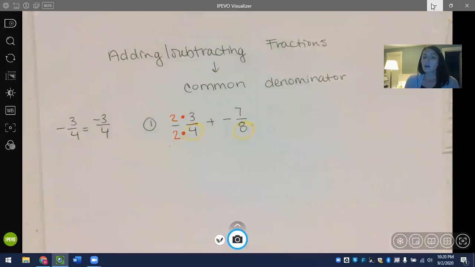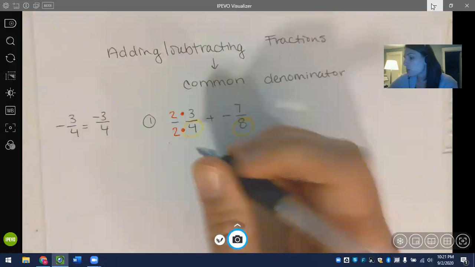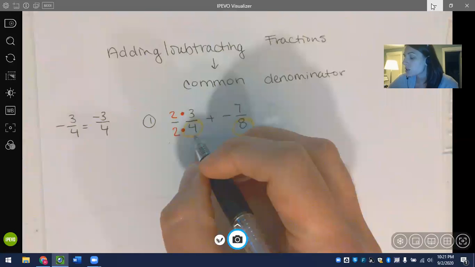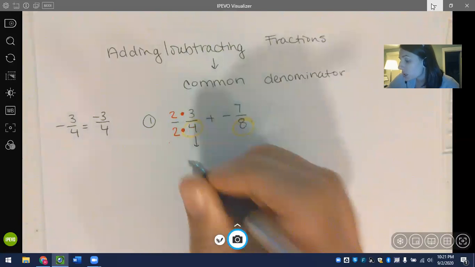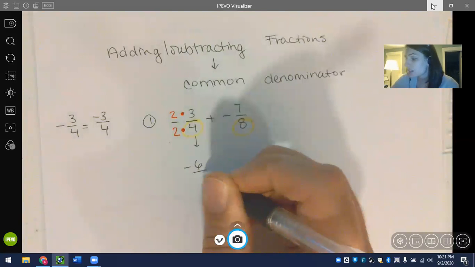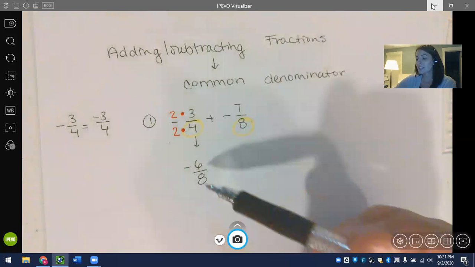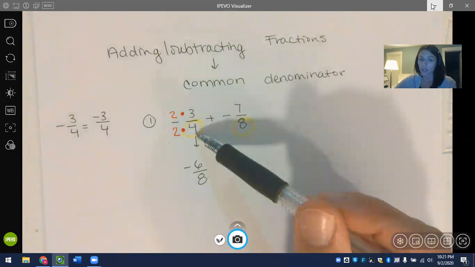By multiplying them both by 2, I'm not actually changing the value of the fraction, I'm just looking at a multiple of that fraction. So if I multiply negative 3/4 by 2, that gives me negative 6/8. And I think you'll agree that negative 6/8 and negative 3/4 are equivalent fractions.